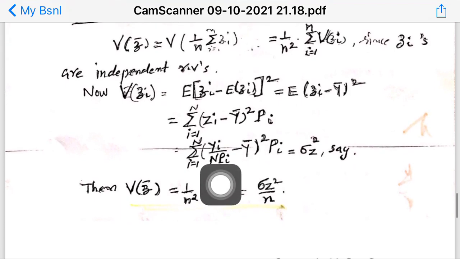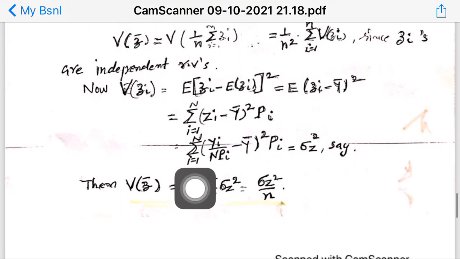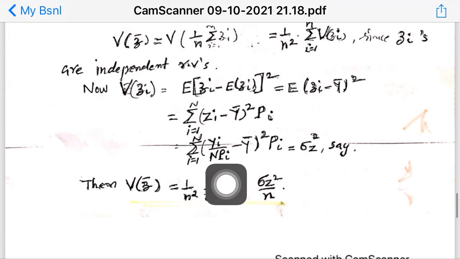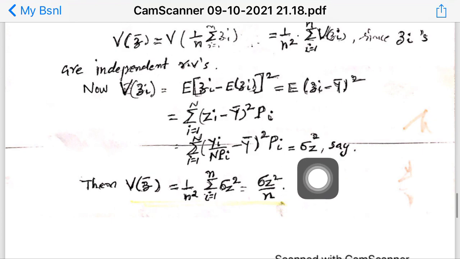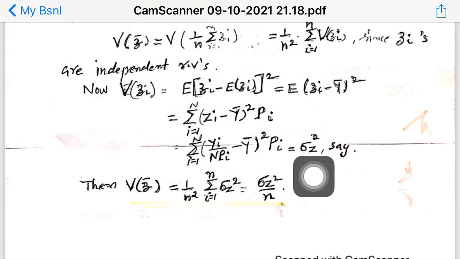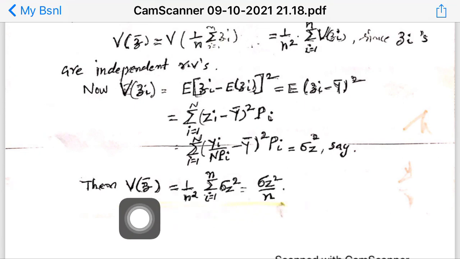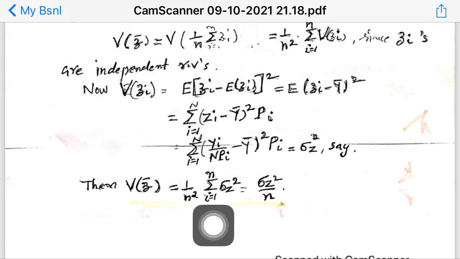Therefore you can write this as sigma i equal to 1 to n of yi by N into Pi minus Y bar, the whole square into Pi, and you write this as sigma z square. It is a parameter, not a statistic. So variance of Z bar is equal to 1 by n square into sigma i equal to 1 to n of sigma z square.